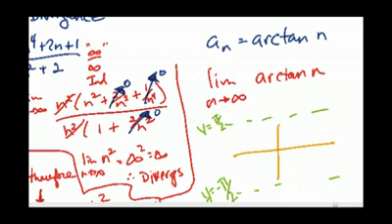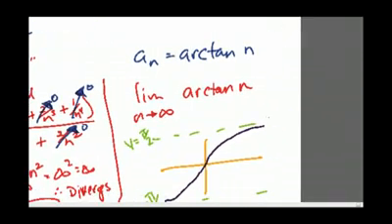And the graph does something like this here, and it gets closer and closer to the two asymptotes. So if I'm approaching positive infinity for x, y would be approaching this line right here, this green dashed line, so that would be pi over 2. Well, that's a finite number, so therefore converges.